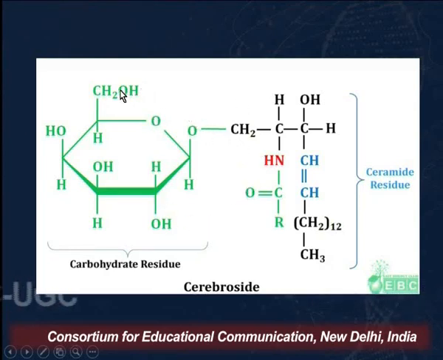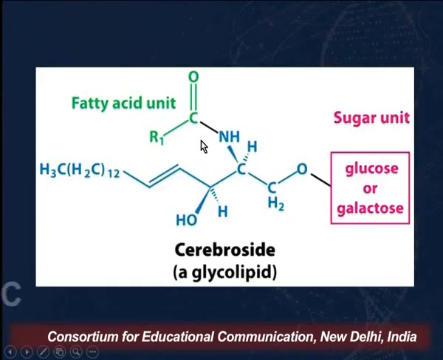So depending on what monosaccharide moiety is present here, these cerebrosides can be classified. Now this sugar unit can either be glucose or galactose. And you know that glucose and galactose are C6 sugars which are epimers, that is, which differ in configuration at one of the carbon atoms.